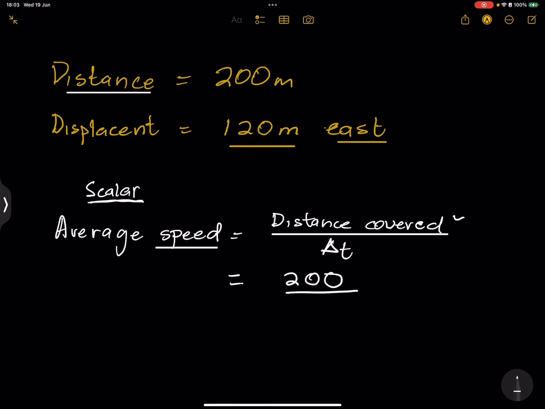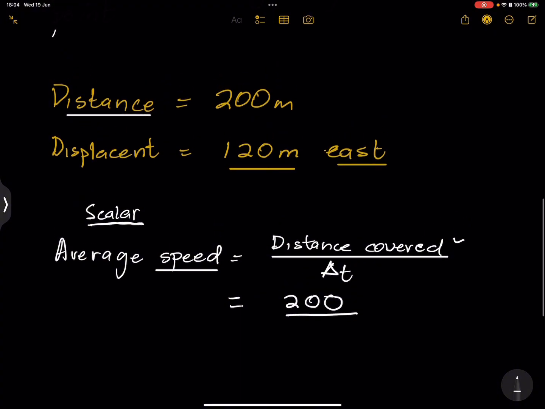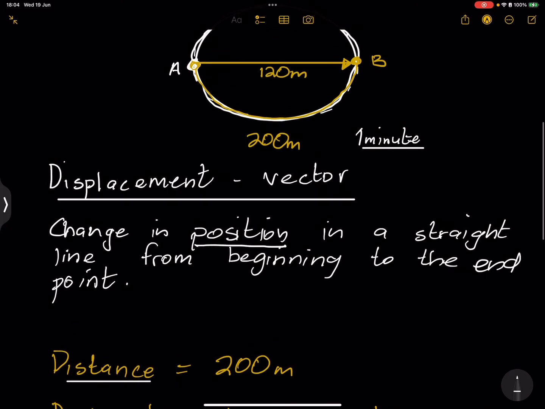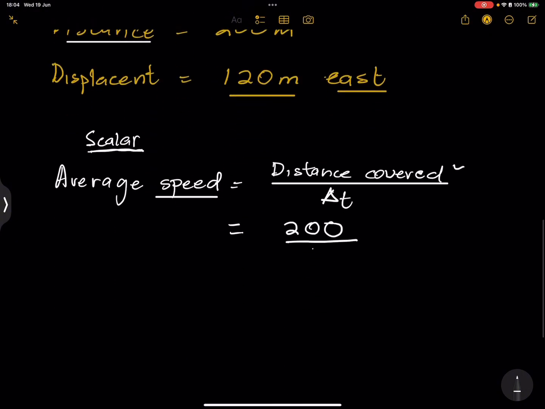So I'm going to say this is 200 divided by, now note in physics, we use distance in meters, we use time in seconds. So what would be 1 minute? 1 minute is equal to 60 seconds, right? So I'm going to say this is 200 divided by 60 seconds. Okay, and that would give me my average speed.